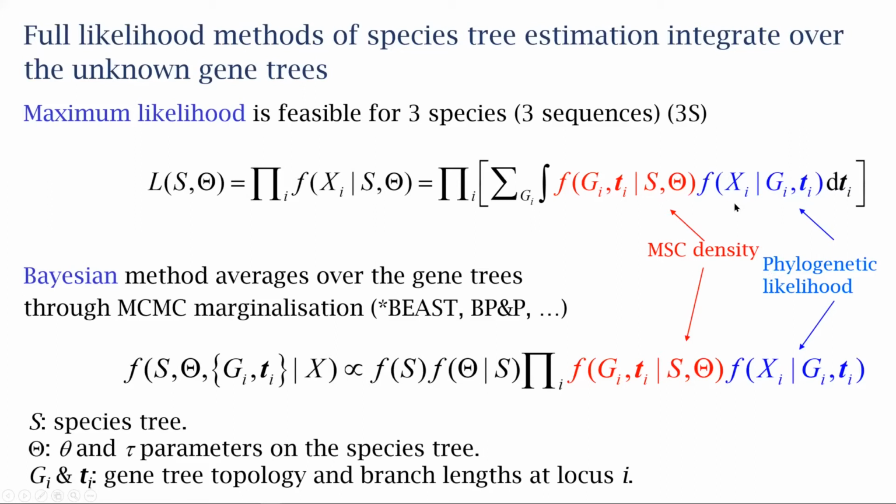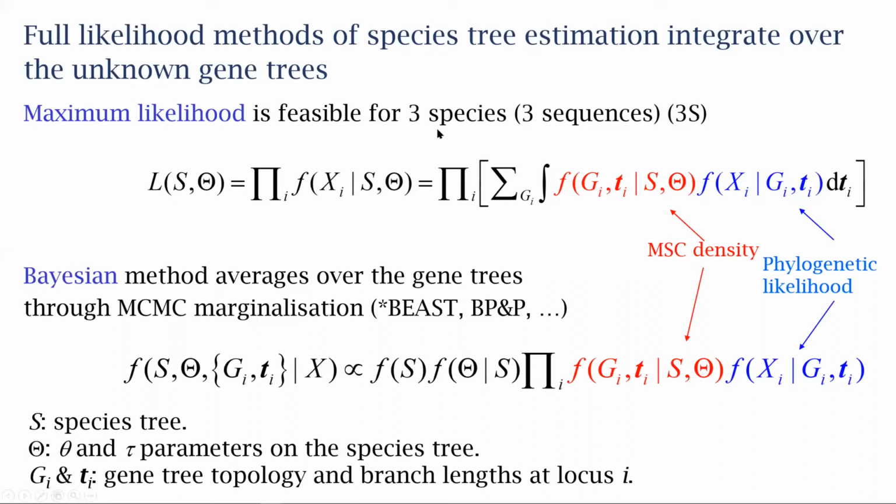The difference from the traditional phylogenetic programs is that you got this term here, and also you have to sum over all the gene trees and integrate over the coalescence times. This sum and integral is the trouble, because the space is huge.